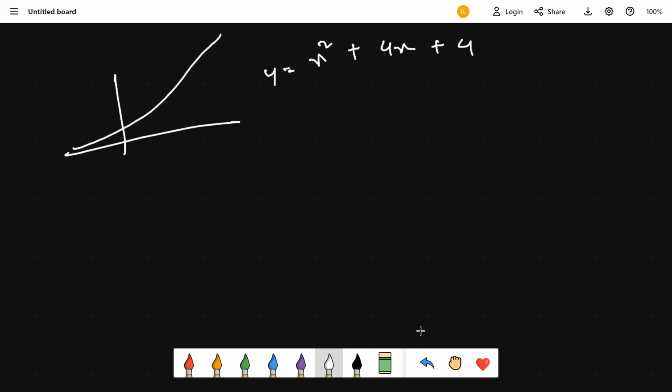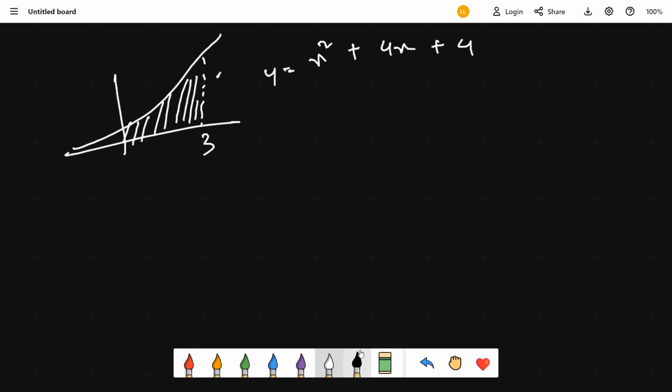Now they're asking us to find the area under this curve for this shaded part. Let's say this is our shaded part, and they have mentioned the x coordinate over here as 3. Now use integration to find this area.